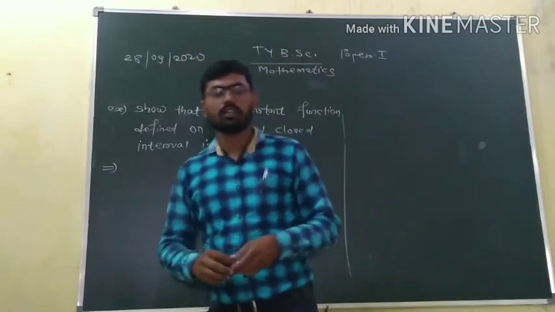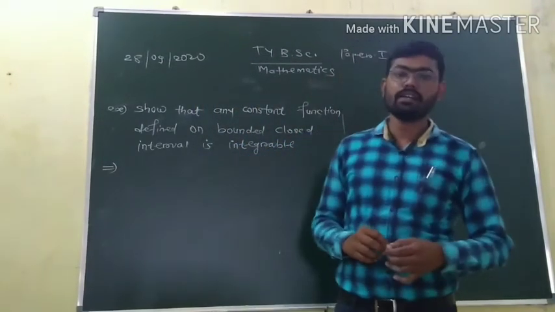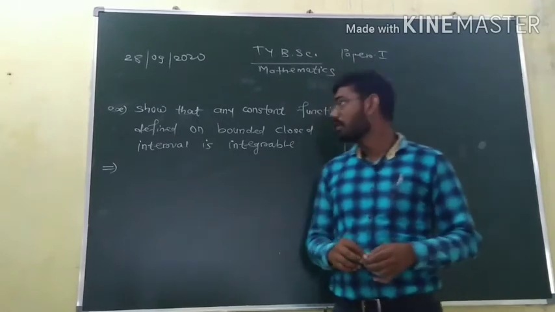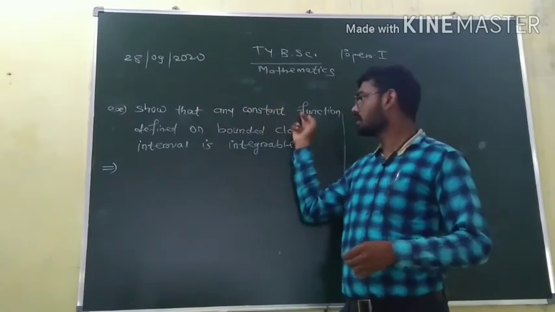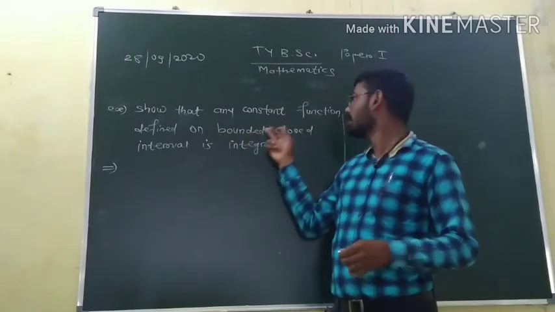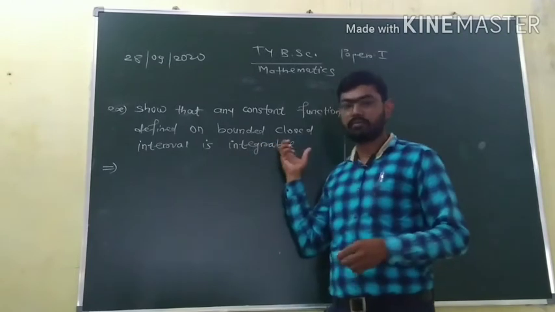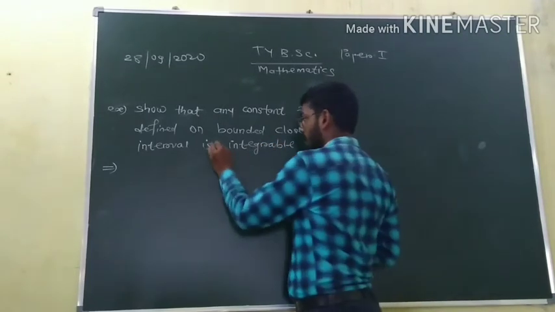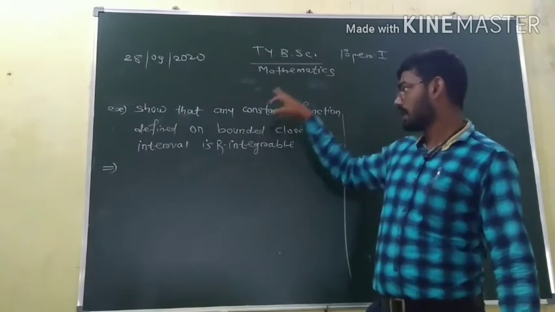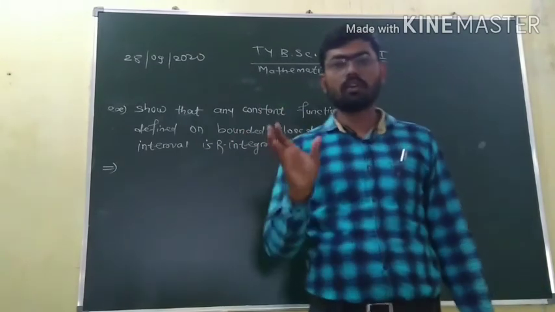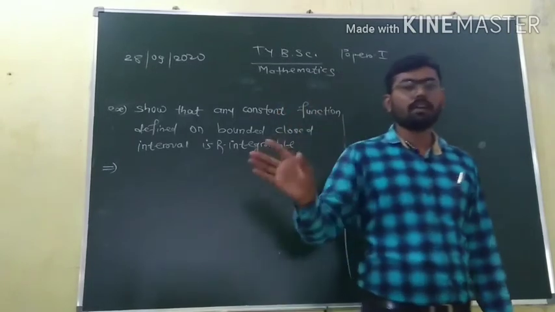Okay, so now we will see an example of a Riemann integrable function. So the question is, show that any constant function defined on a closed and bounded interval is Riemann integrable. So you have to prove that any constant function on a closed and bounded interval is always Riemann integrable.